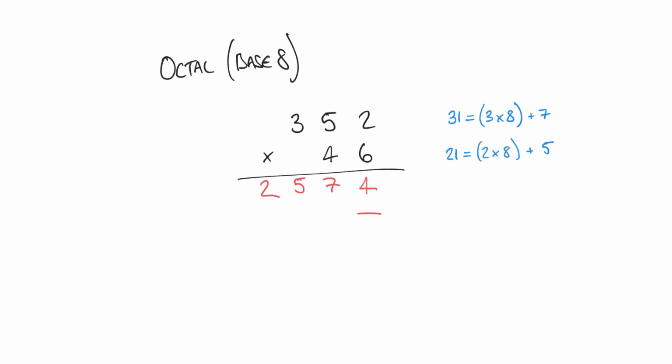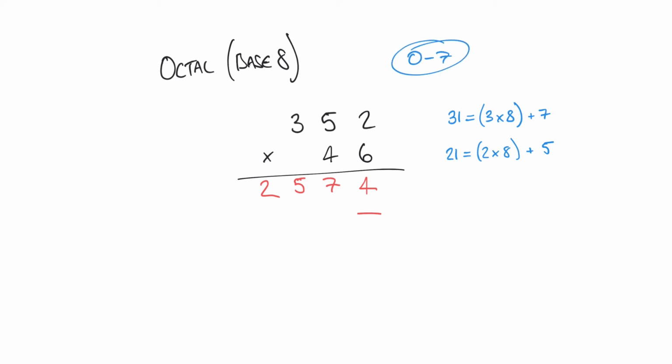First up is 4 times 2, and 4 times 2 gives us 8. Now we can't use the digit 8, because remember that the octal system only allows the digits 0 to 7.